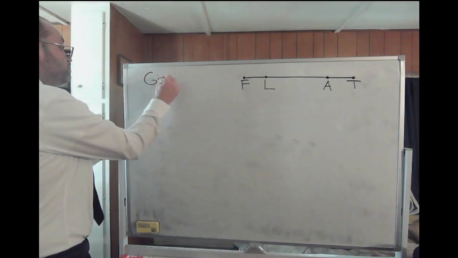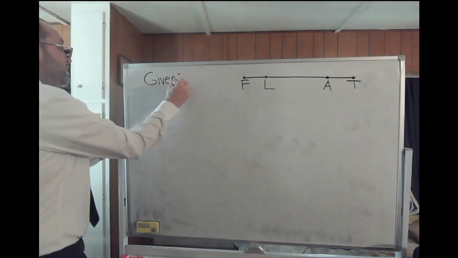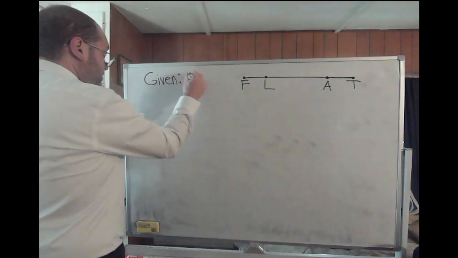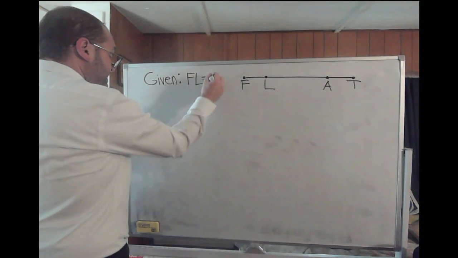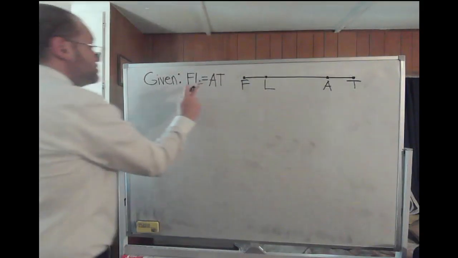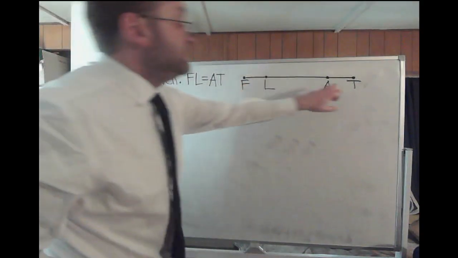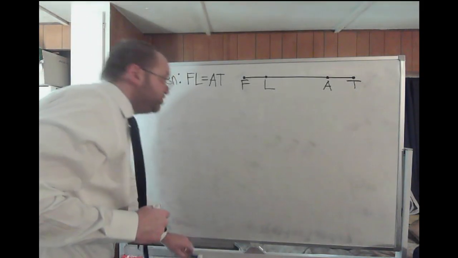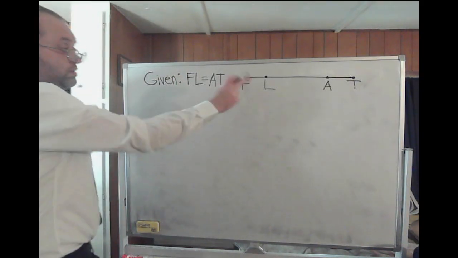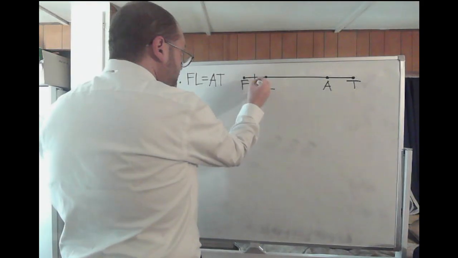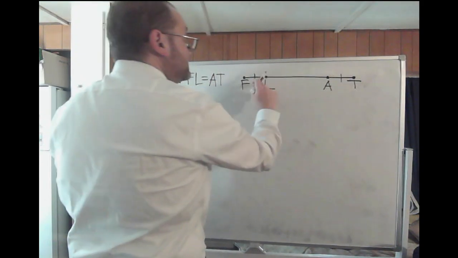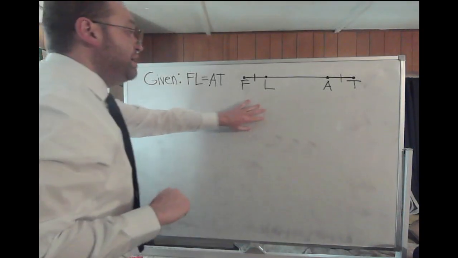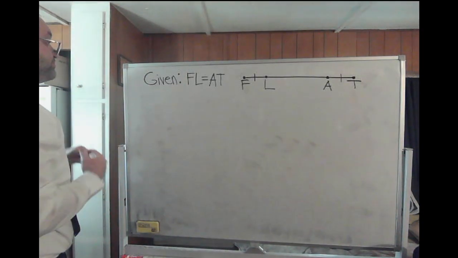So in this one, we are particularly given that FL equals AT. So we were given that FL is equal to AT. And actually what you can do, if they're equal on your diagram, you can do what's called a congruency marker. Like those one tick marks. Those are called congruency markers. So that might help you on your diagram.